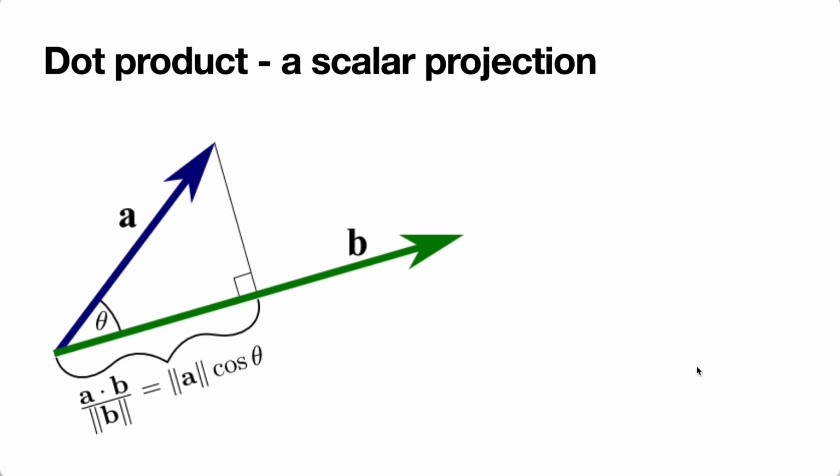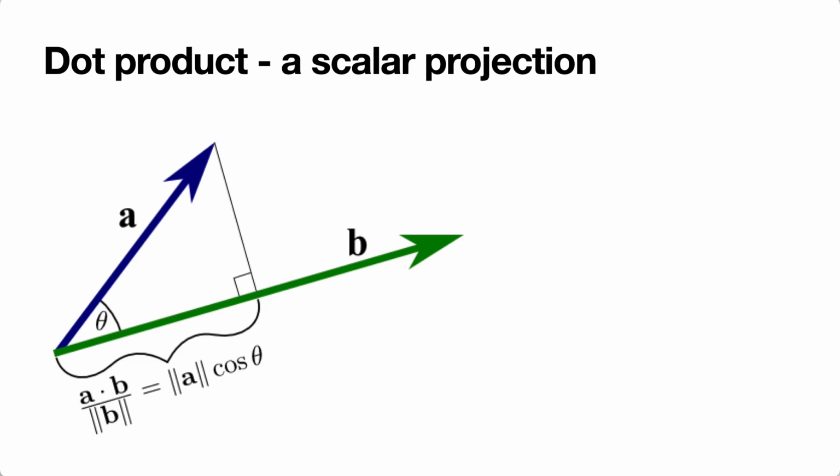Another way to think about the dot product is as a projection. What if you were shining a bright light from right above here down across the A vector? The shadow of the A vector on the B vector would be A dot B.